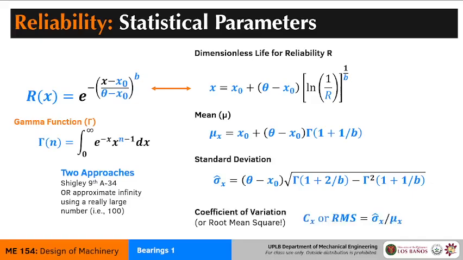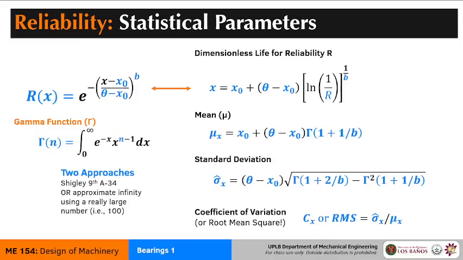And then you have the coefficient of variation, which is just the standard deviation divided by the mean of the distribution. Whoa, this is confusing. What you just have to know is, I use this function to get to this statistical parameter. That's it. No more, no less.